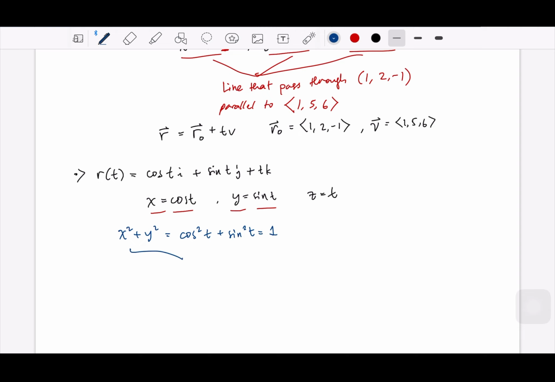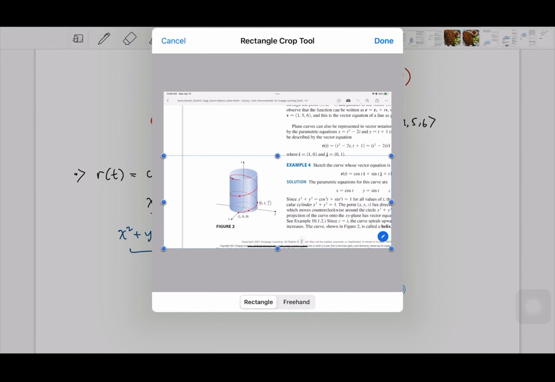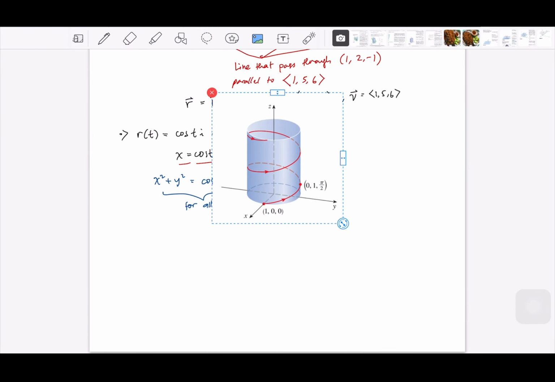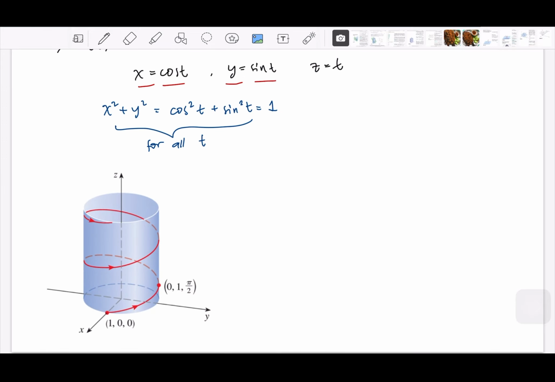This is true for all t, so the curve must lie on the circular cylinder. If we try to make out the shape, then this is the most possible shape for our vector valued function.